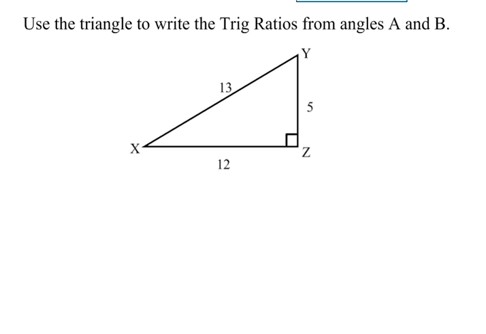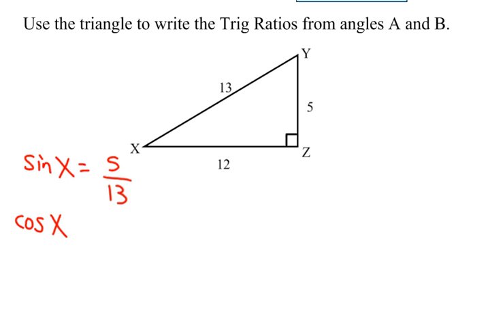All right. Again, we're going to use the triangle to write the trig ratios from angles A and B, but not the right angle. We never start from the right angle, right? Okay. This triangle is a little bit different because it's not now labeled with letters, it's labeled with actual side lengths. So here we go. We'll start with angle X. So we have the sine of angle X equals opposite 5 over hypotenuse 13.